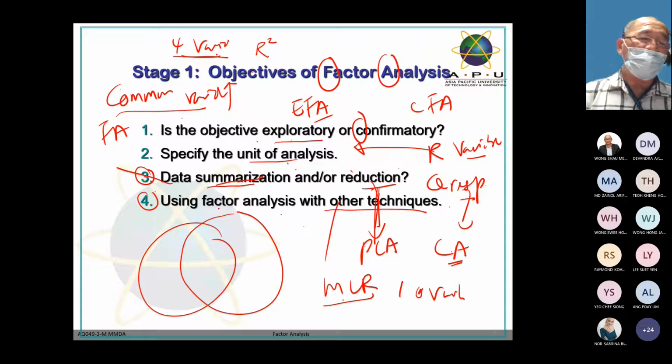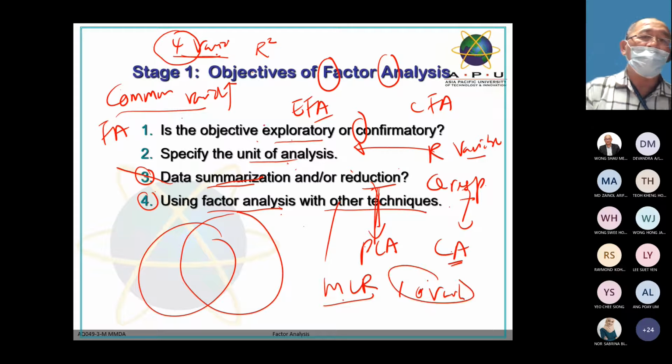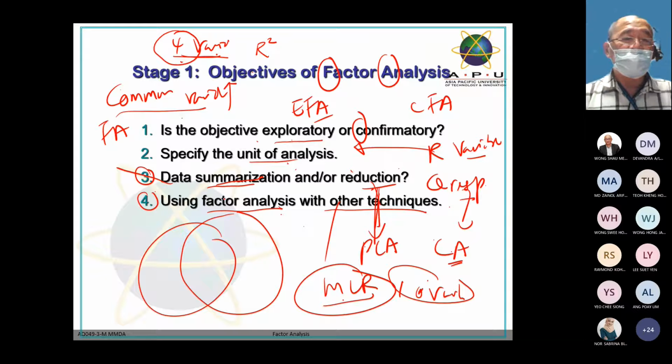But here, let's say you've got four variables. You cannot put in everything because they only want one. For example, food quality, as in the example just now, but now you've got four variables. Which one do you want to use? Therefore, we can use factor analysis. It finally comes up with only one column of data, which you copy into the multiple linear regression. Therefore, you can use factor analysis with other techniques. This is stage 1.